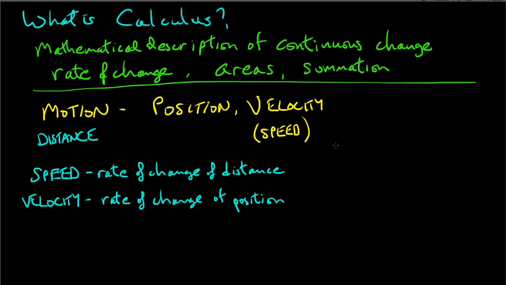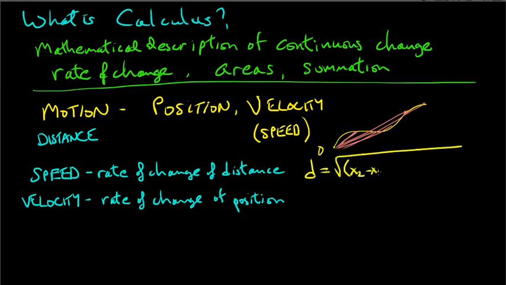Well, as you're moving, if this is your starting point, however you're moving, the distance that you're traveling seems to be always getting bigger, although it doesn't have to be. But distance is defined to be the distance between 2 points, and hopefully you know the distance formula between 2 points. So here's a quick refresher on that.